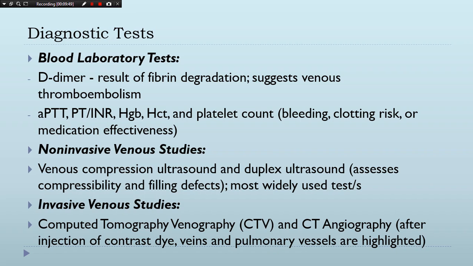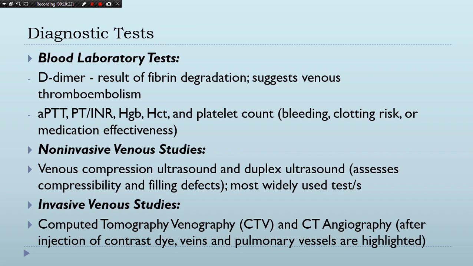Because if the test is negative, then we're not going to go to anything else aggressive. So other blood tests like PTT, PT-INR, hemoglobin, hematocrit, and platelet count. We're going to do these to assess for bleeding in the event that somebody is on medications for their blood clot. We're going to assess the patient's risk for clotting, or we're going to assess to see if the medications they're on are working effectively.